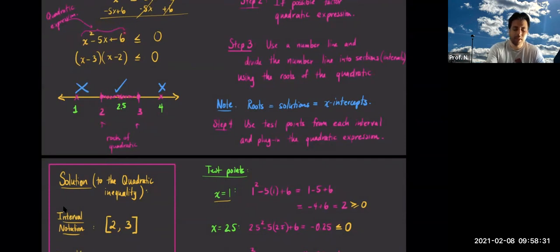So if this quadratic was something else and did not have 3 and 2 as the roots, it would have some other kind of roots. So let's see.